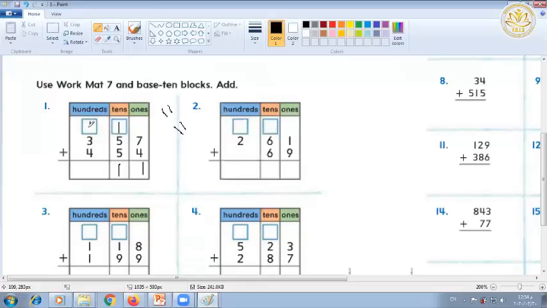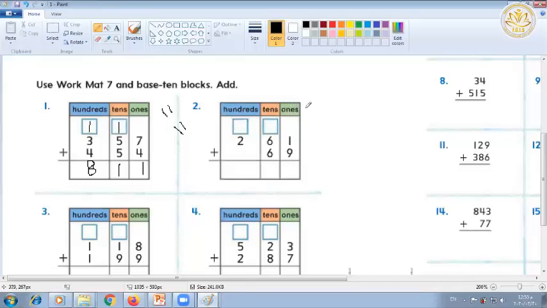So now I have a 100. 100 plus 300 equals 4 hundreds. 4 plus 4 equals 8. Good job. So the sum I have right now is 811.